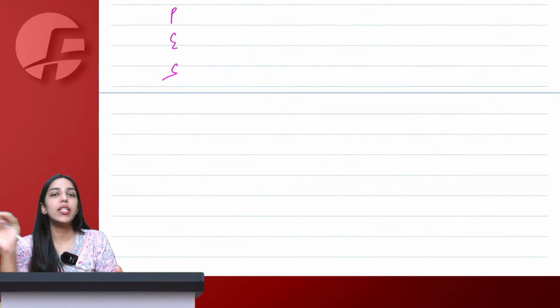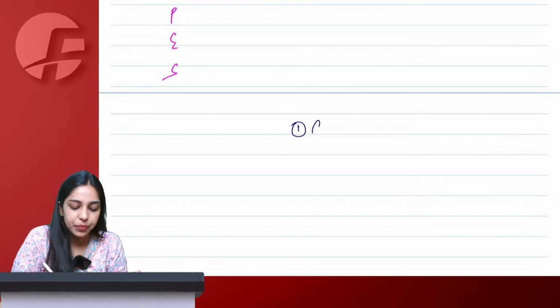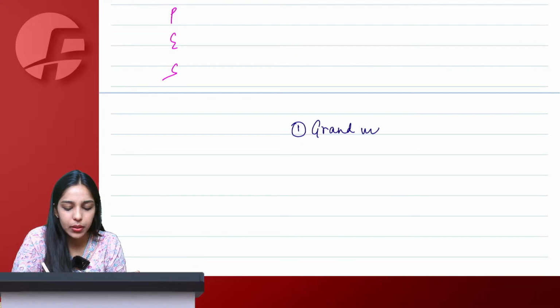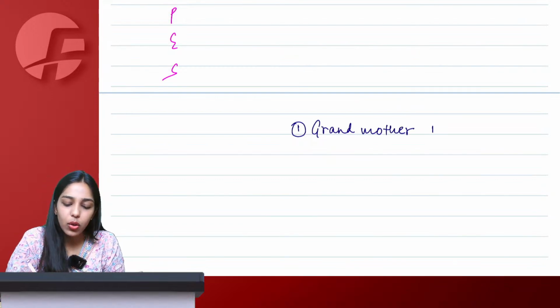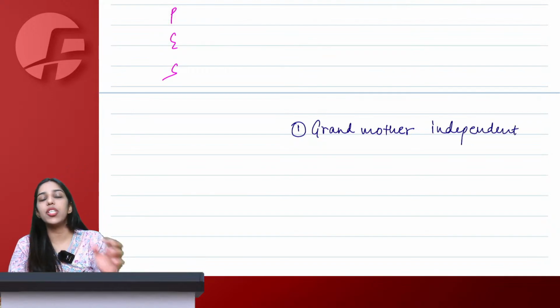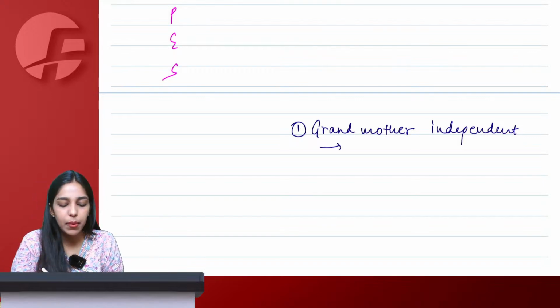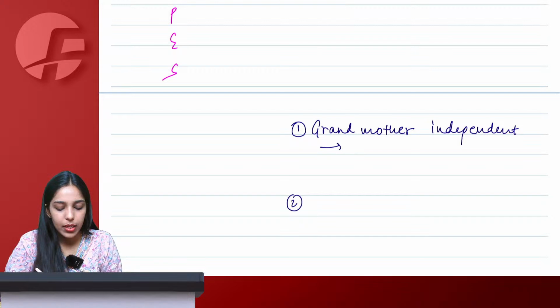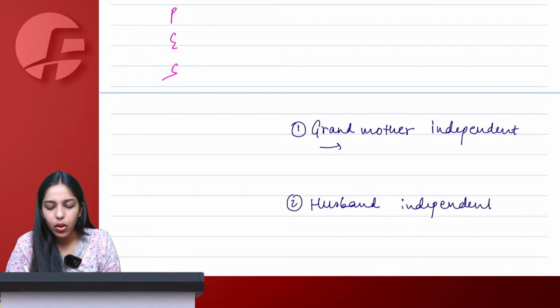Chalo, I'll be asking you two-three questions. Quickly tell me whether he or she will be family or not. Question number 1. My grandmother who is completely independent. She has her pension coming. She is completely independent, not taking any money from me. Will she be my related person? Say yes or no. Second, let's say my husband who is also independent, earning on his own.